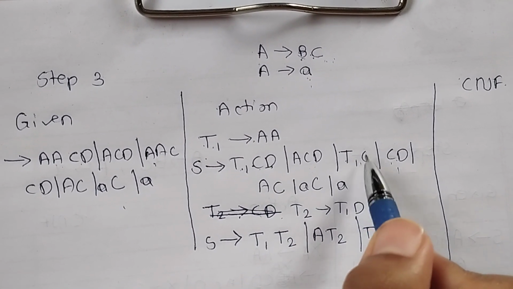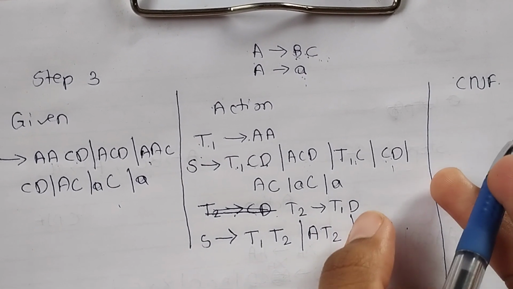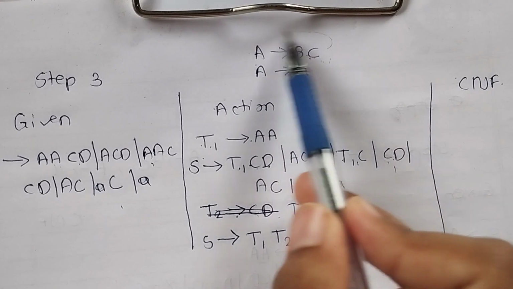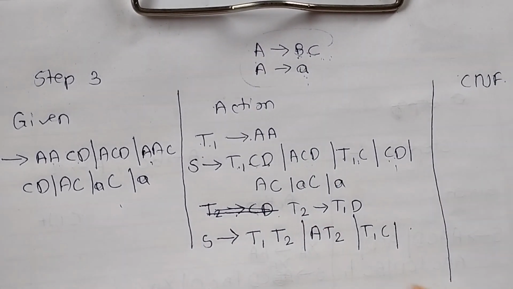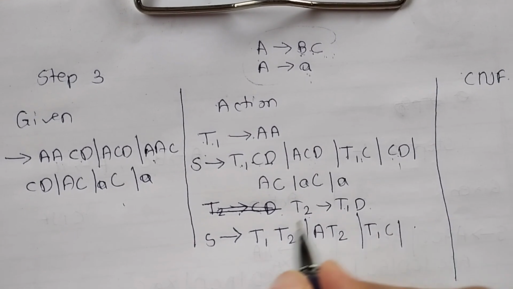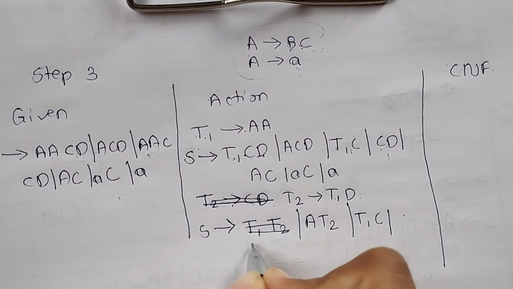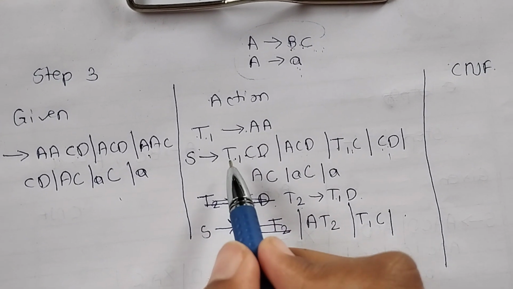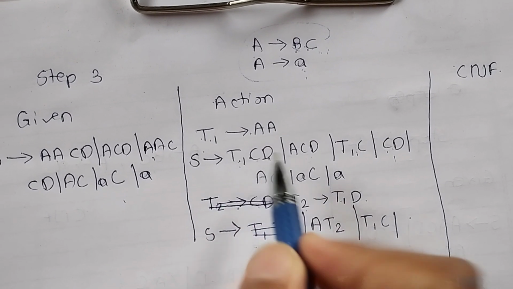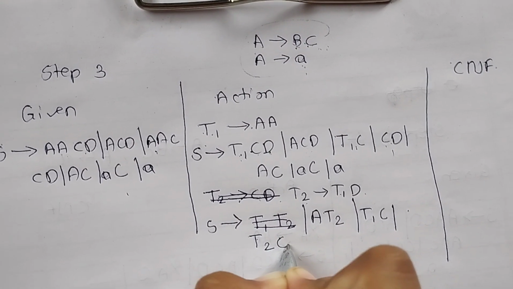Then again one problem is created. So when you assume anything, check whether your form is disturbed or not. So for T1D we assume T2, and instead of T1D we write T2, so T2C.